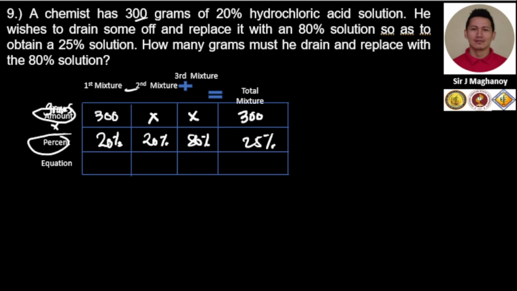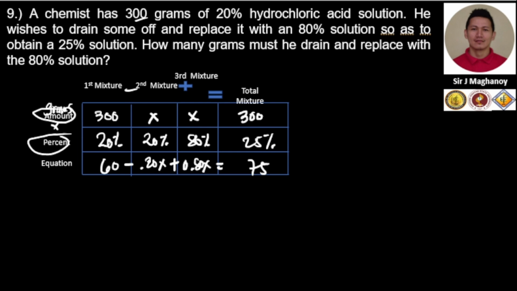So 300 times 20% is 60. This will become minus 0.20x plus 0.80x is equal to 300 times 25%, that is 75.